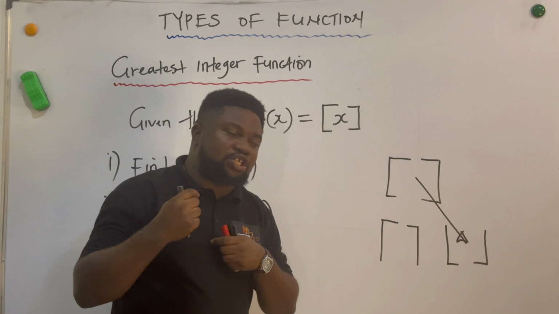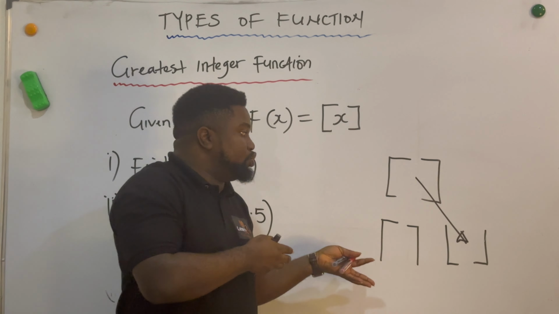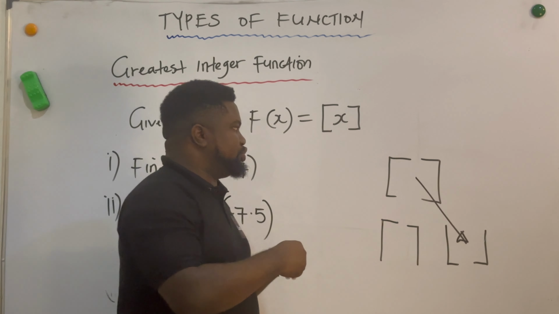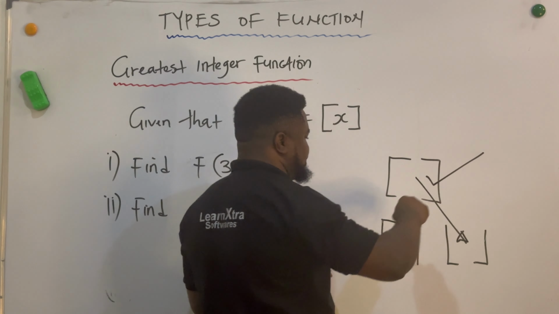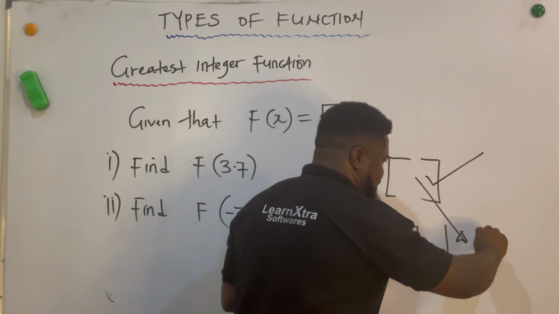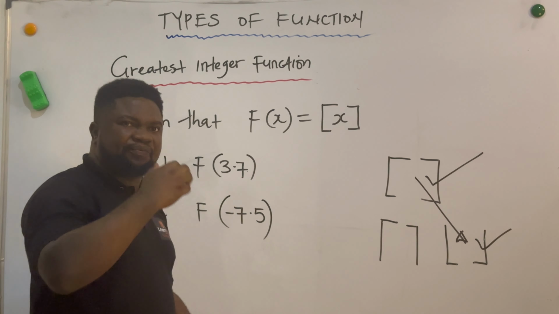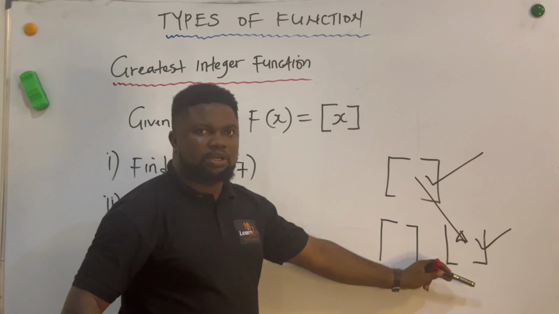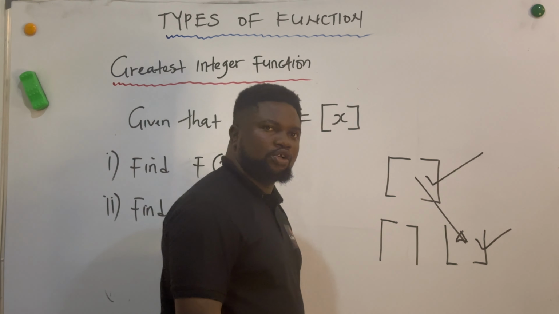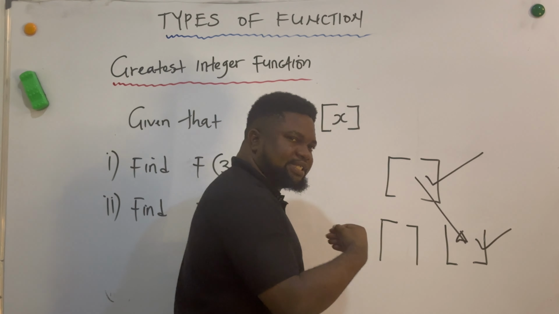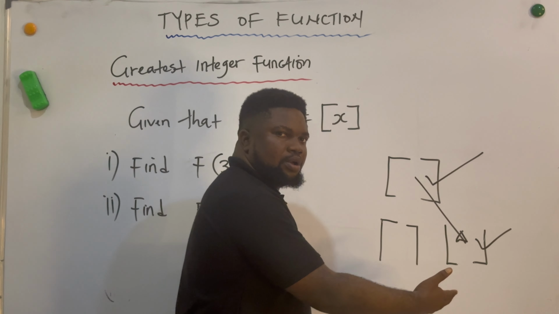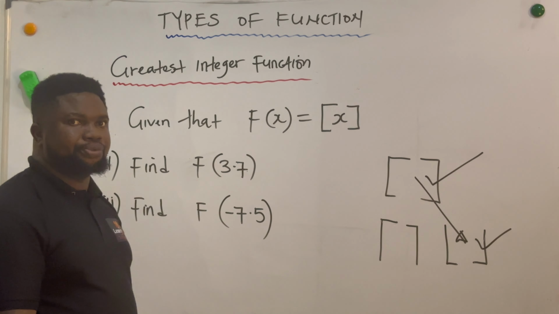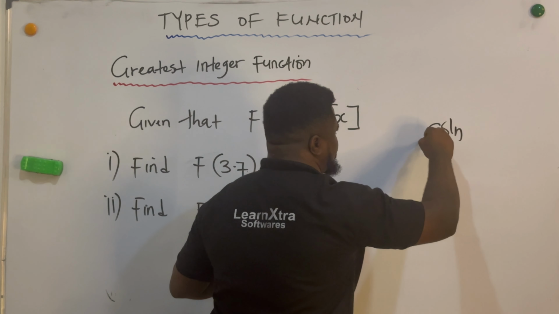If the question is not specific about the one you should obtain, whether the ceiling or floor, then you are doing floor. So when I show you this, it means I'm showing you floor. Although I don't know if it's above your level, I'll just show you. Solution, this is I.